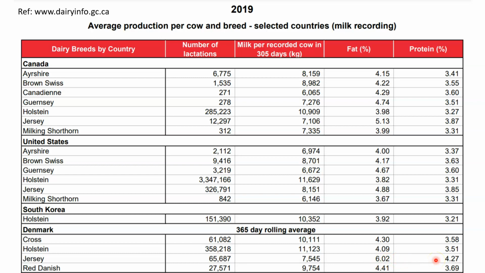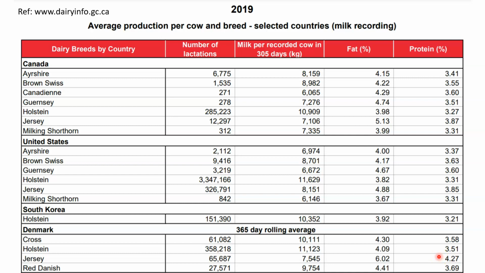This cannot happen overnight, and it cannot happen within a decade, but over many decades, 50, 60, 100 years, this can happen. You can see such dramatic differences within the same breed, but within different countries and different ecosystems. The take-home message here is that I'm not expecting you to memorize these figures for each country and each breed, but I do expect you to give me a ballpark figure.